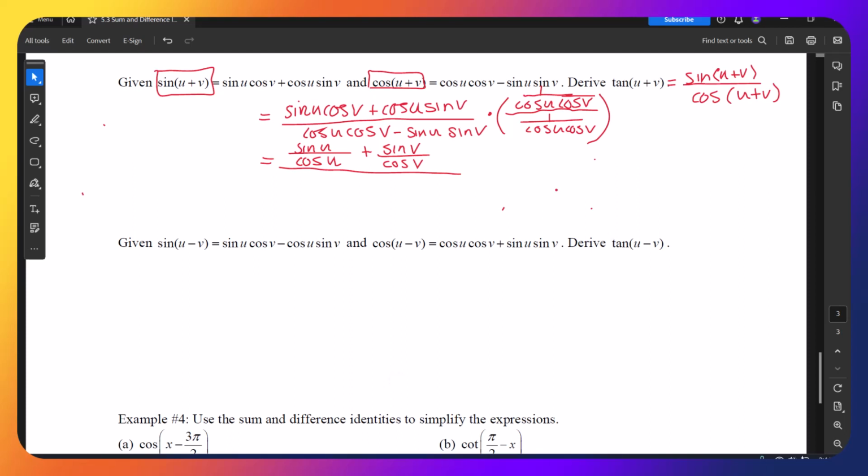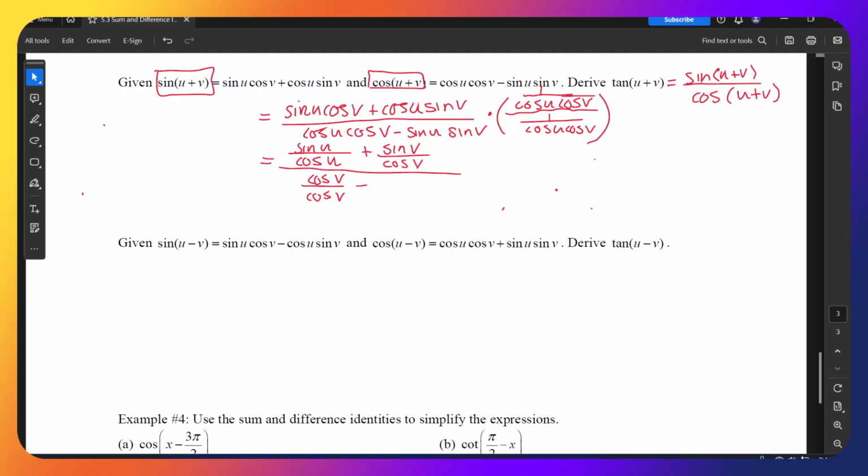Now onto the denominator, same thing. Cosine u cancels out, and we're going to have cosine v divided by cosine v, so both of those actually cancel out.